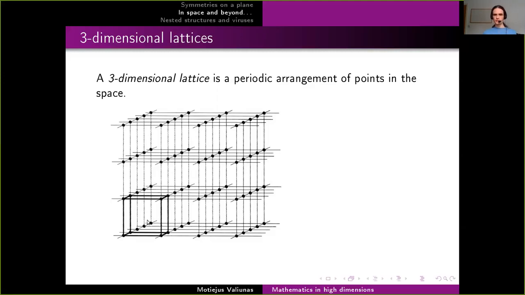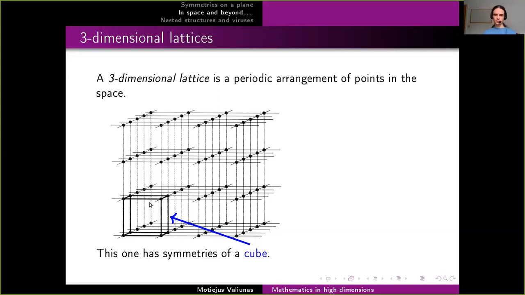And here you can see again that this big infinite object is associated to a small thing, which is a cube. So in addition to translating your lattice, you can also have all the symmetries of a cube in here.